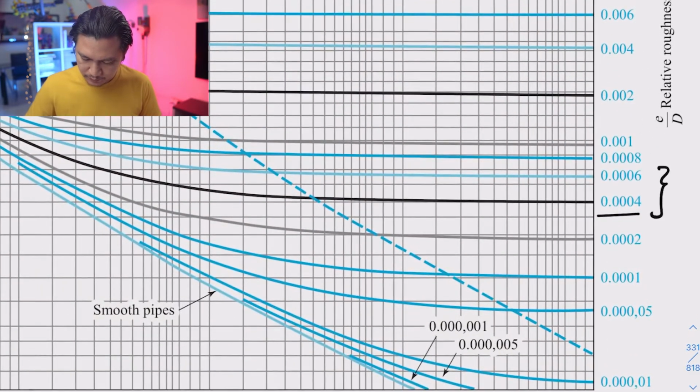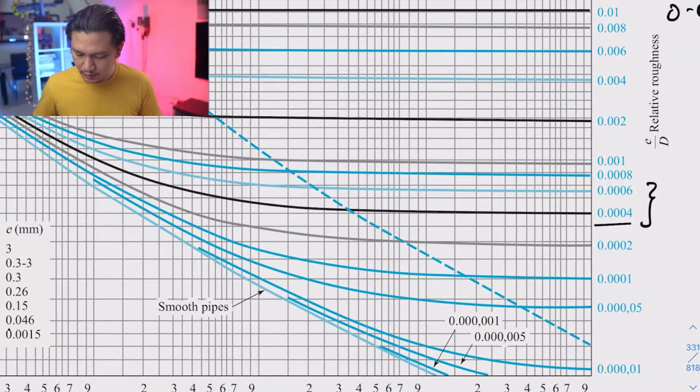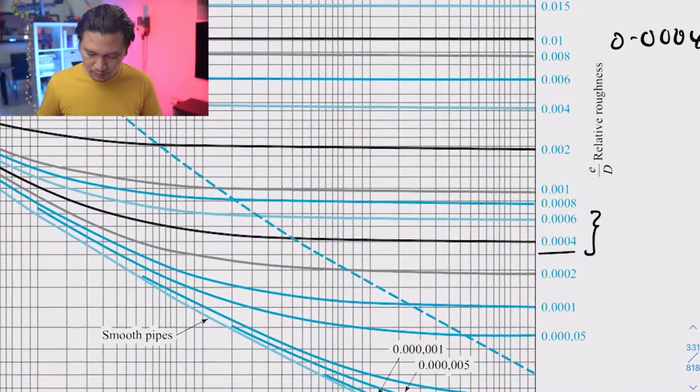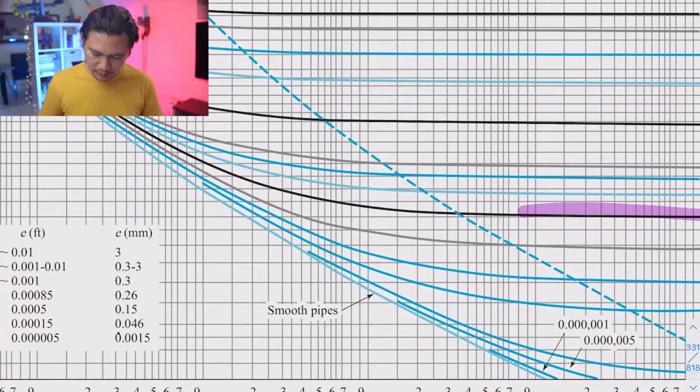0.006 over here. Okay, and what we do now, because we assume that our Reynolds number is very high, what we can do in order to get our first friction factor is simply interpolate the graph to the left hand side, right? So I'm going to follow this line, 0.00046, to the left.